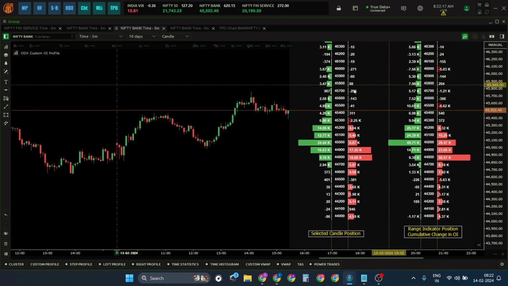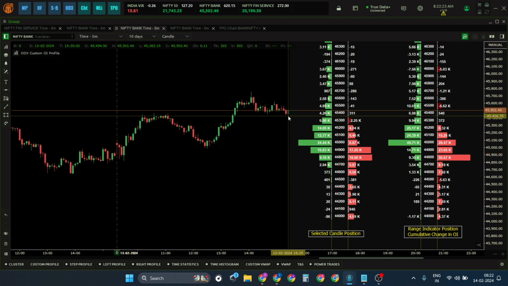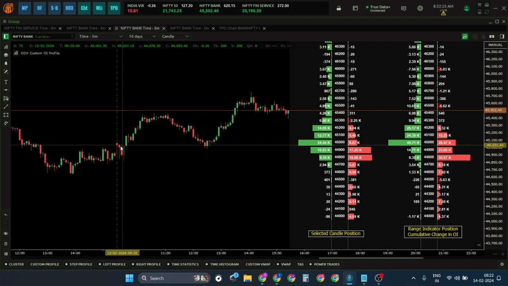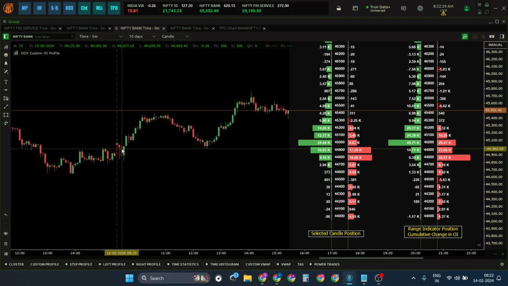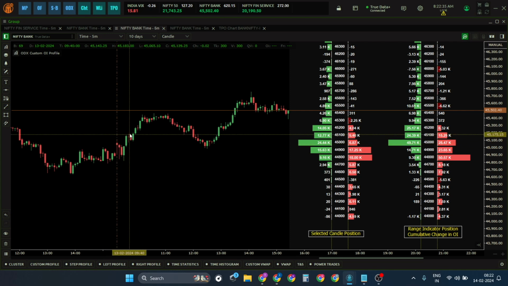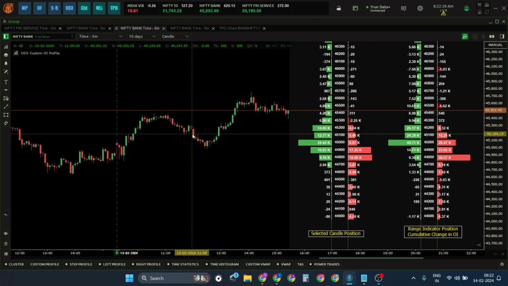So I hope you are understanding. Cumulative means it keeps on adding from the first candle to the day's last candle. As the market progresses, it keeps on adding the previous candles from the first candle. So this starting point is constant, and it keeps on adding the activity of OI as the market progresses.